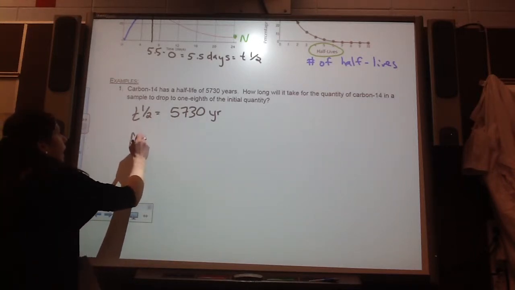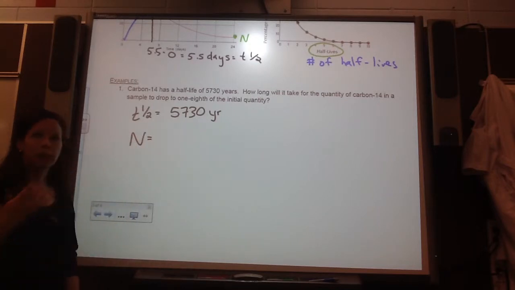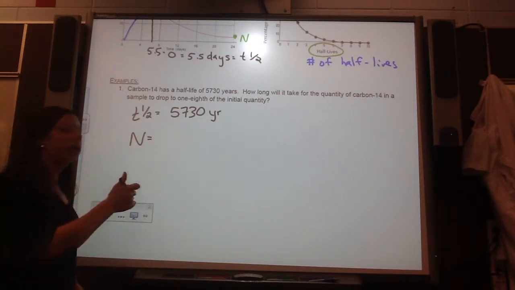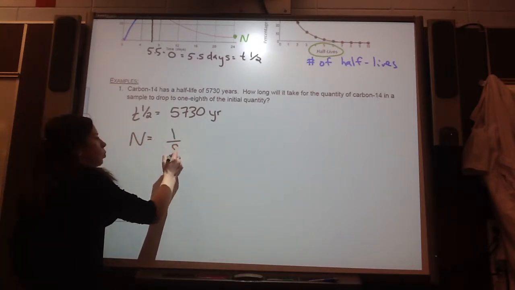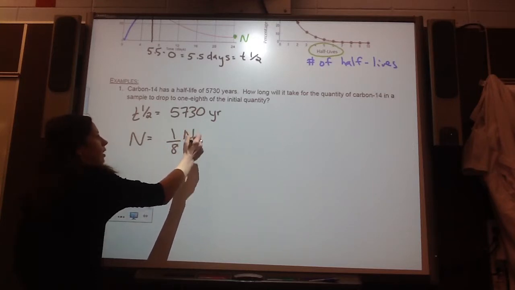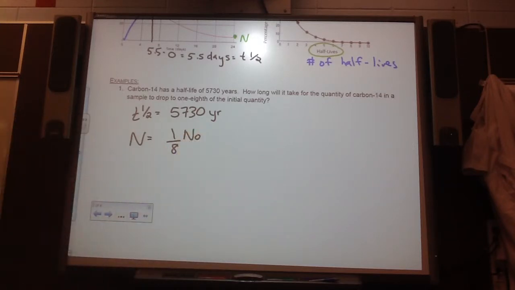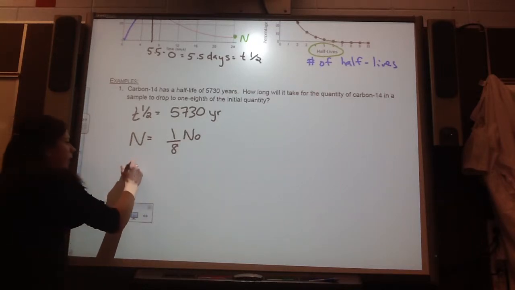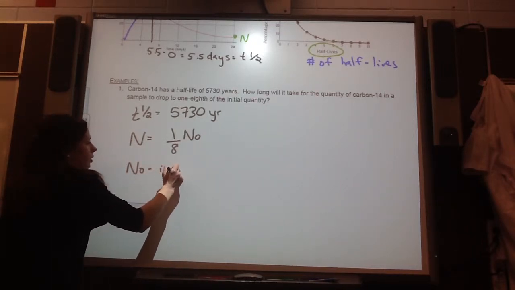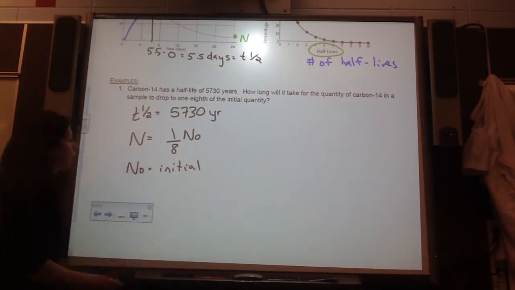Well, our N, which is what we're left with at the end, needs to be 1/8 of N naught, because N naught is our initial quantity, okay?